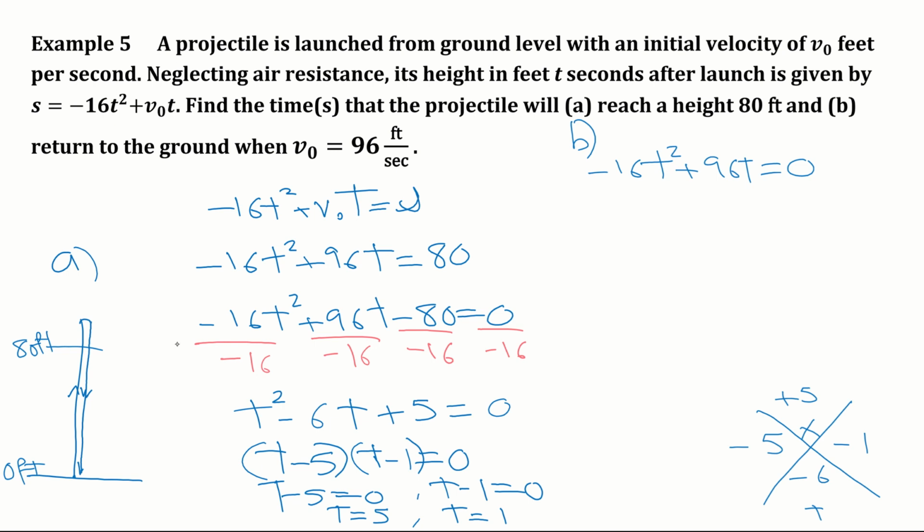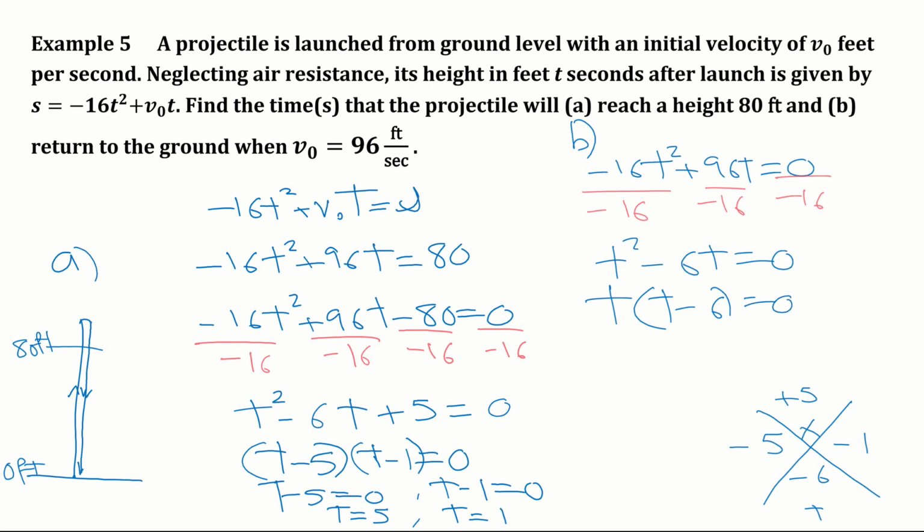I notice that I can divide off the negative 16 again. So we end up with t squared minus 6t is equal to 0. So factor out a t: t times (t minus 6) equals 0.